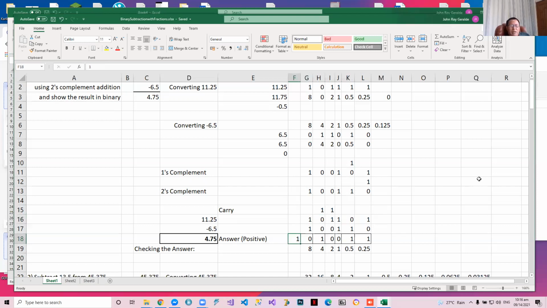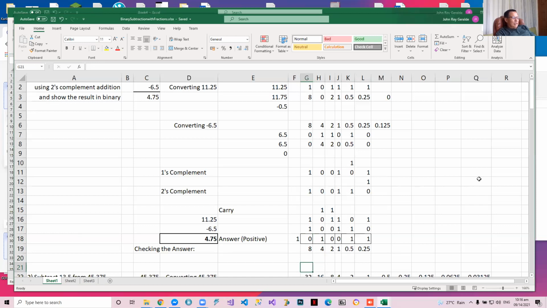Since the last carry is a 1, it's positive. Take note, in 2's complement representation, a carry of 1 means positive. It's the reverse of the floating point representation. So this is positive.